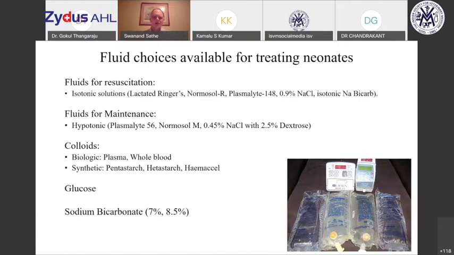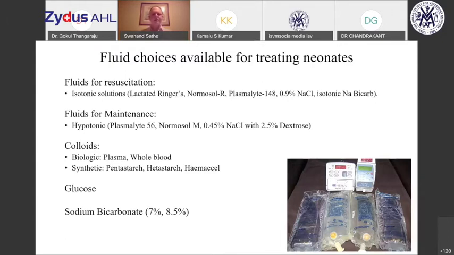Again, various concentrations of glucose are available. You have 5% glucose in water, and 10% and 50% glucose solutions. We tend to use glucose very sparingly, or we use low strengths of glucose. We might use 5% dextrose in water as initial replacement therapy or for maintenance, and we use the higher concentrations of glucose to mix with our isotonic solutions and administer IV.